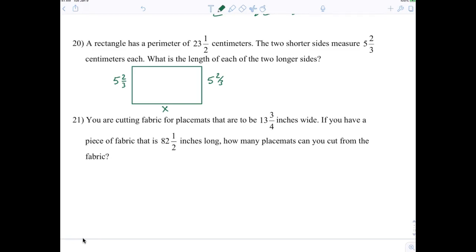Now, who remembers what the formula for the perimeter is? Perimeter of a rectangle, tell me. Yes, you do, but there's a formula for it. That would be the area of a triangle. What was it?